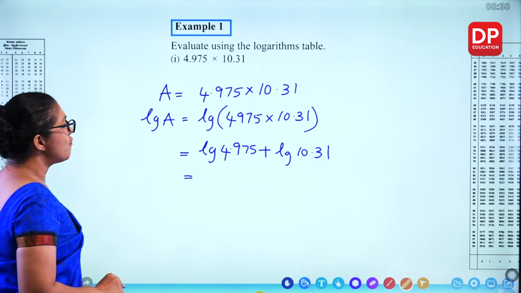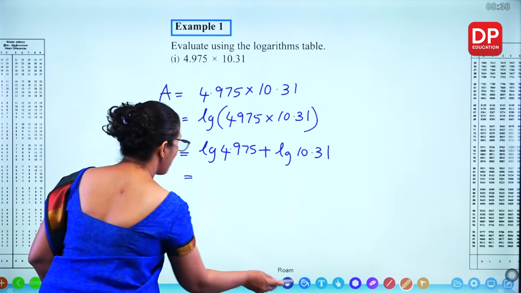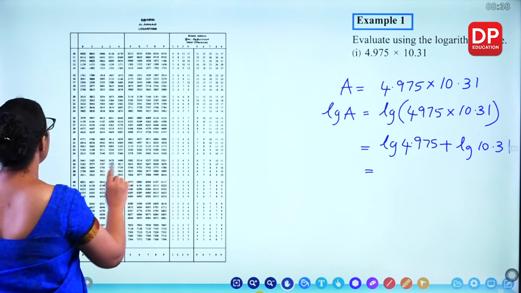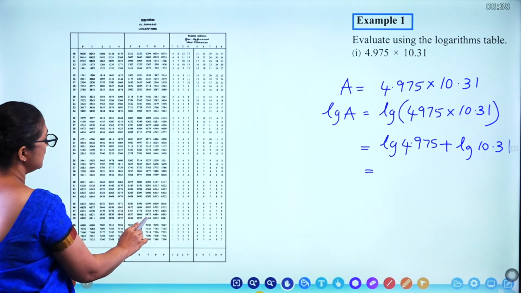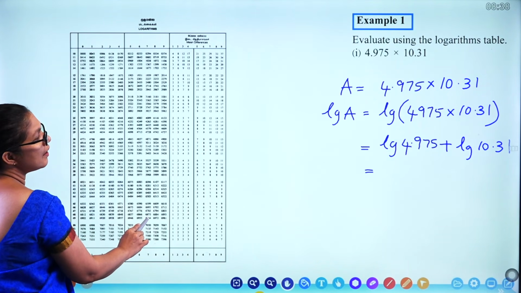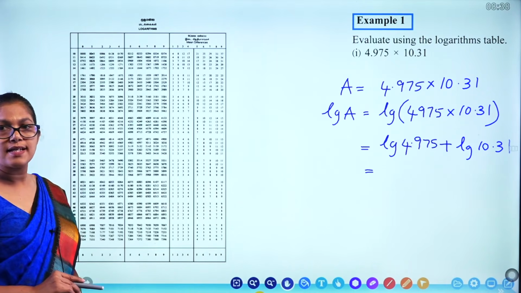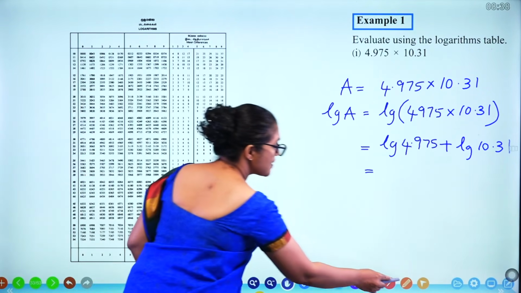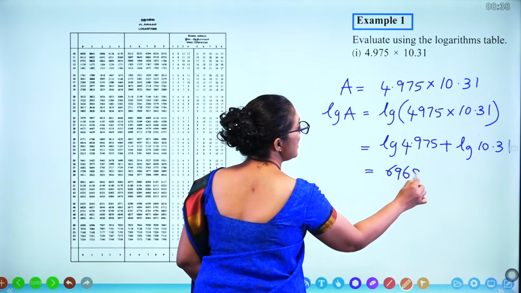Now LG 4.975 means 49.75. 69.68 is the answer. So here 69.68.